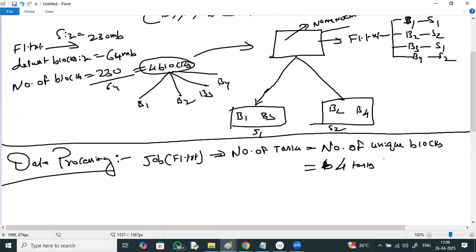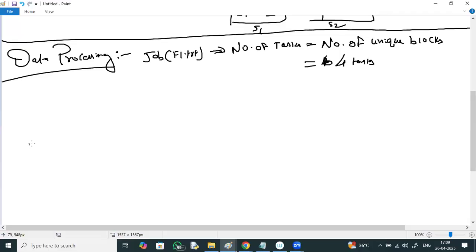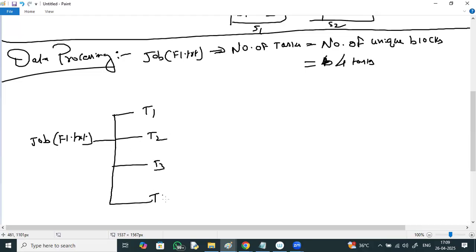Your job is to process f1.txt, divided into T1, T2, T3, T4.